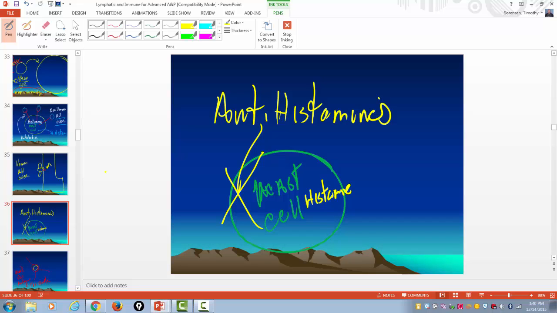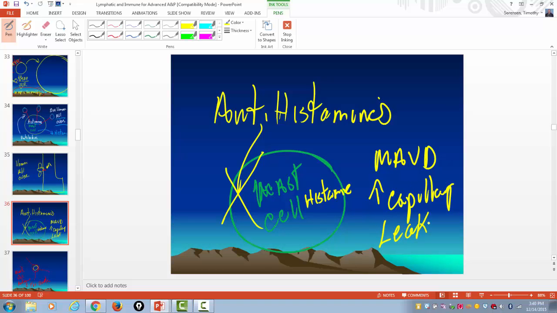So what did the histamines cause? It causes massive arterial vasodilation and increased capillary leakiness, right? So fluids leaking out of the cardiovascular system, and all of their arteries are dilated. So you have to constrict their arteries first to get their blood pressure back up. Then you give them IV fluids because they're losing fluid from the cardiovascular system because it's going out into the interstitial space.